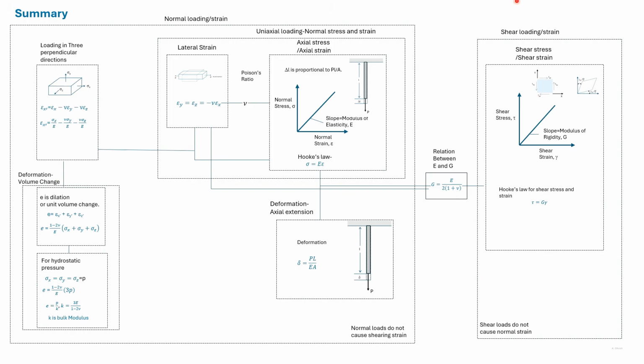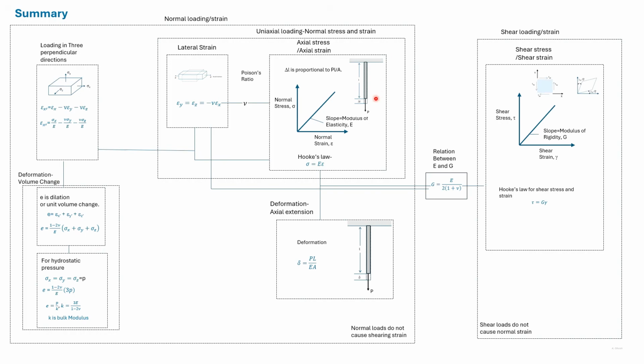This change in angle is called shear strain. It has been found that for low loads, shear stress is proportional to shear strain. The curve is linear and the slope is referred to as the modulus of rigidity.